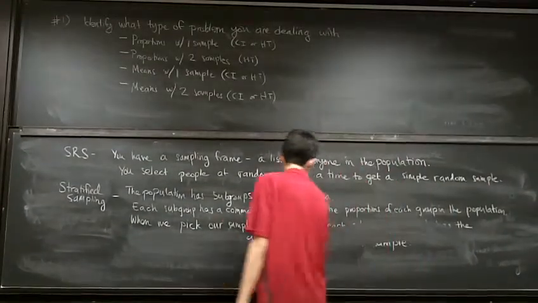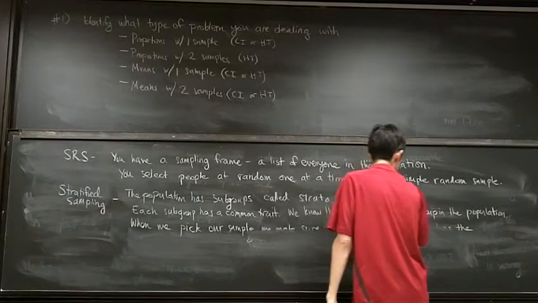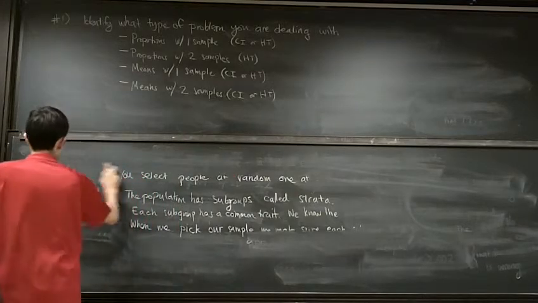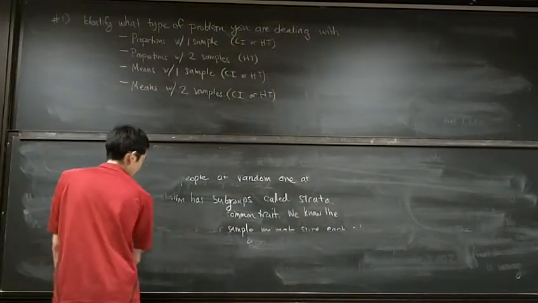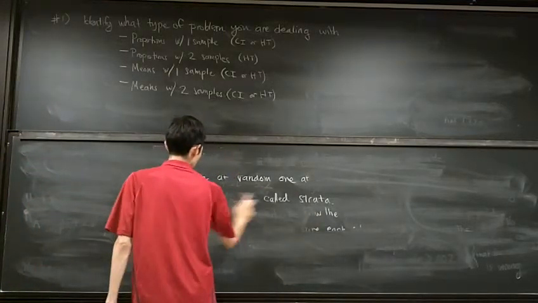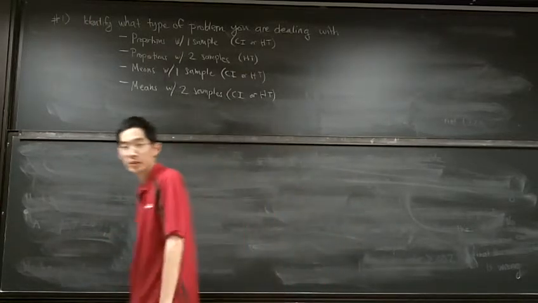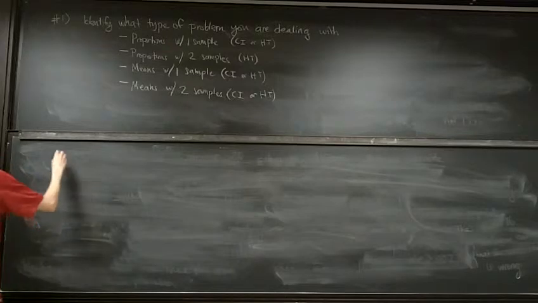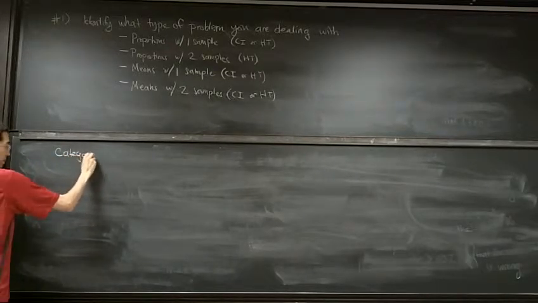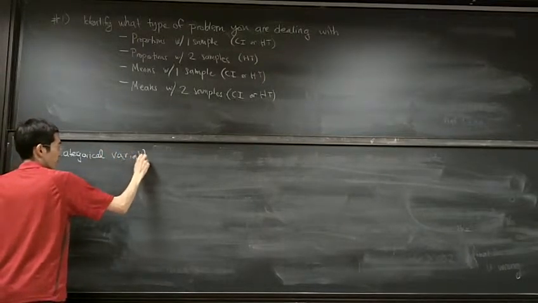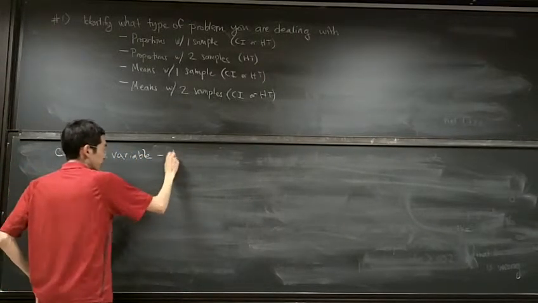How do we know when we're dealing with proportions, or how do we know when we're dealing with means? If you have categorical variables, there will be proportions.